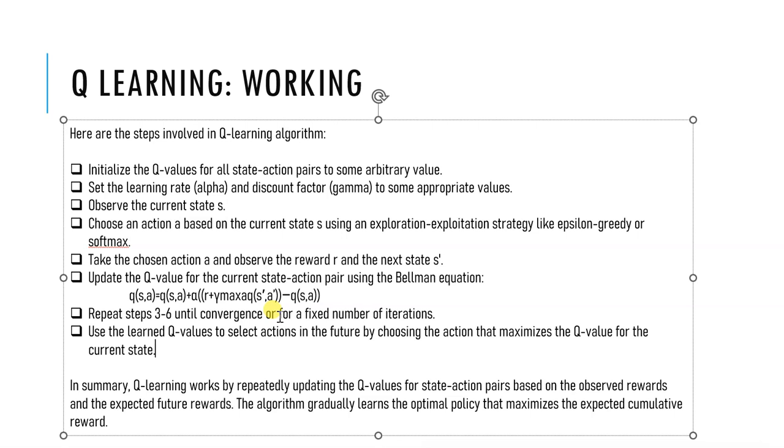Then we set the current state S to the new state S dash, and we repeat the steps you see here, up till here, the Bellman equation. We keep repeating until the episode terminates or the maximum number of steps is reached.